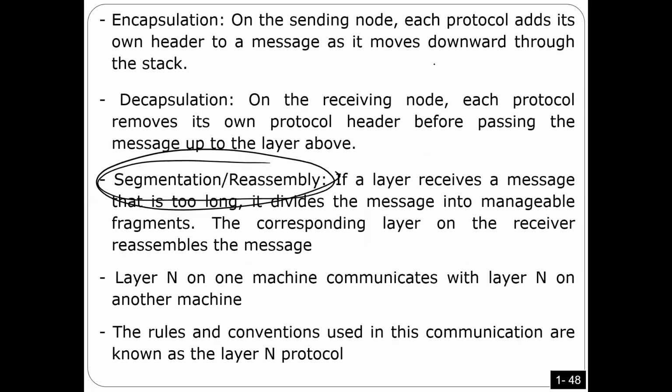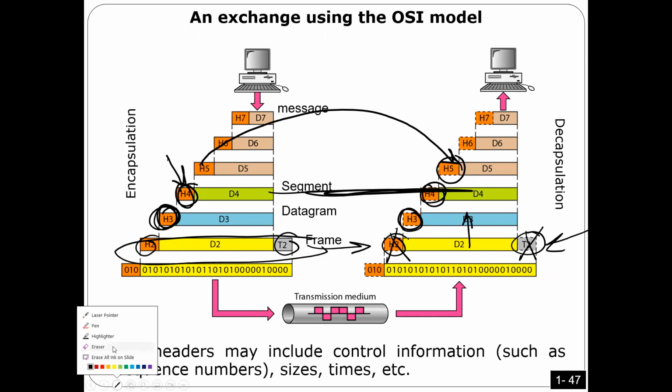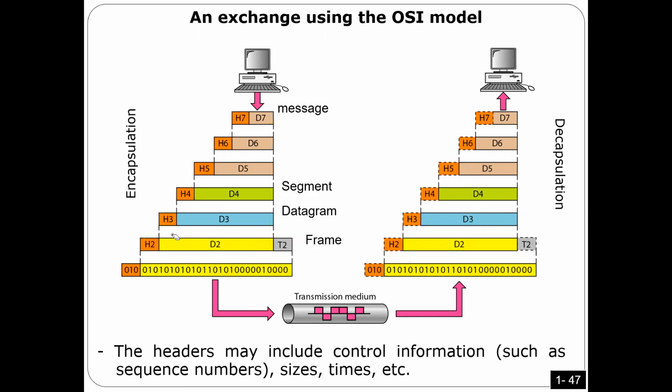The other reason is that it's easy to change one protocol. For example, if I use a certain protocol here at the data link layer and I change this protocol, I don't need to change the protocols of the other layers because they are independent.